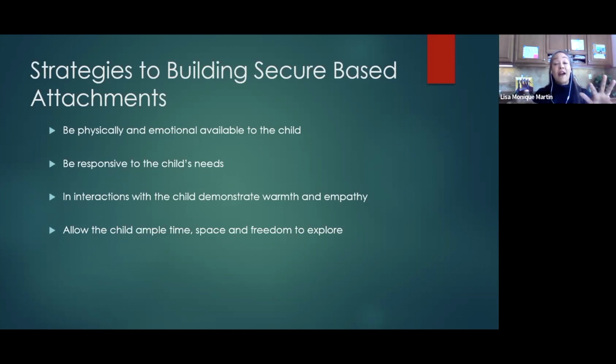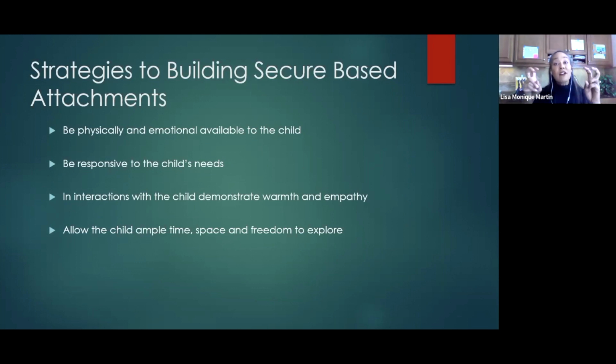We want to make the environment safe enough so that if they move away from us, we know they're not going to get electrocuted or put their finger in a socket or grab something that's hanging and accidentally choke, or climb up so high on something that they can fall, or open a cabinet that has something that's not safe in there.